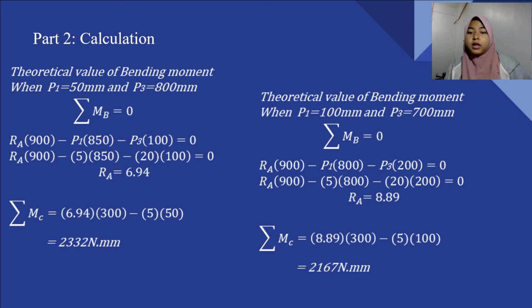So RA will be equal to 8.89. To calculate the moment at C, we get 2,167 Newton meter.